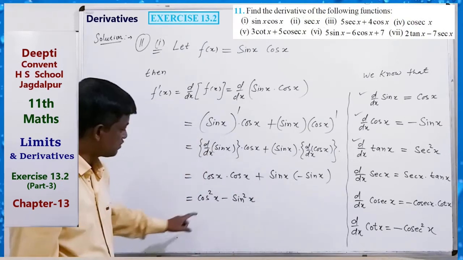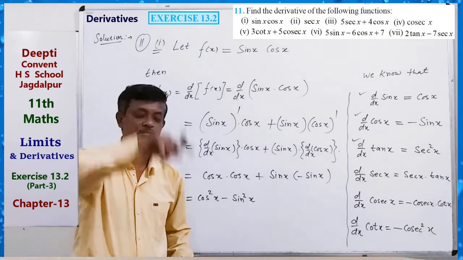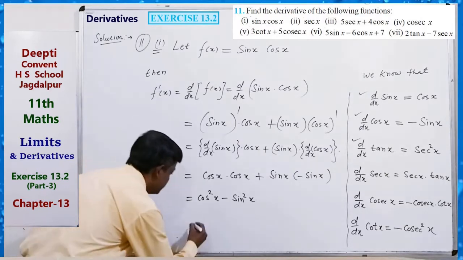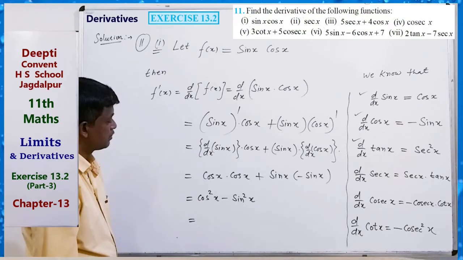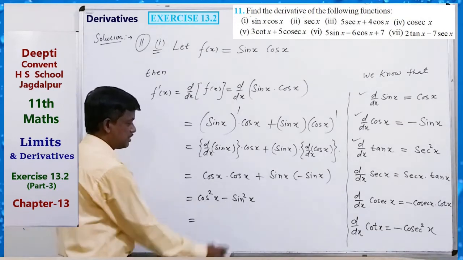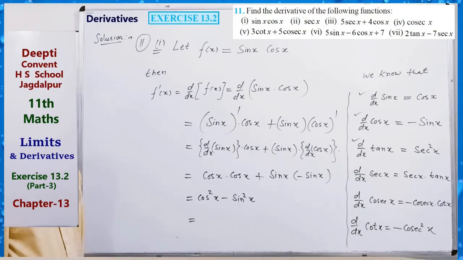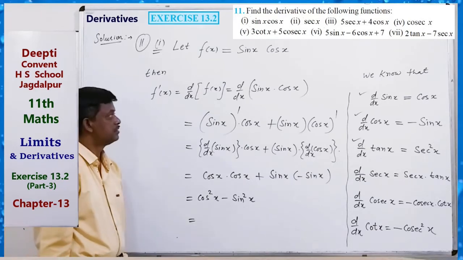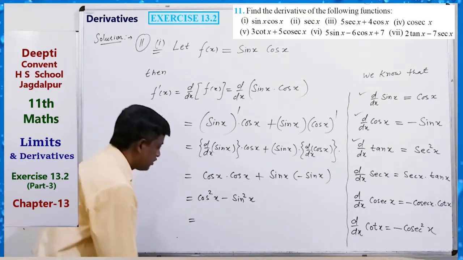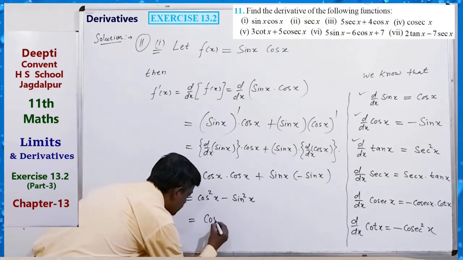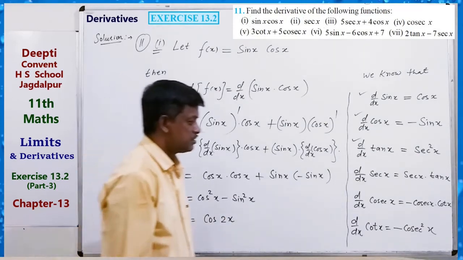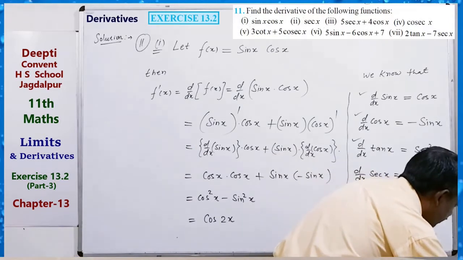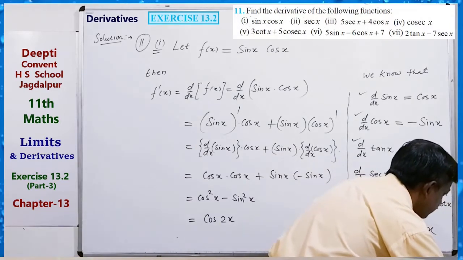From trigonometry, cos square x minus sin square x equals cos 2x. Okay? Cos 2x.